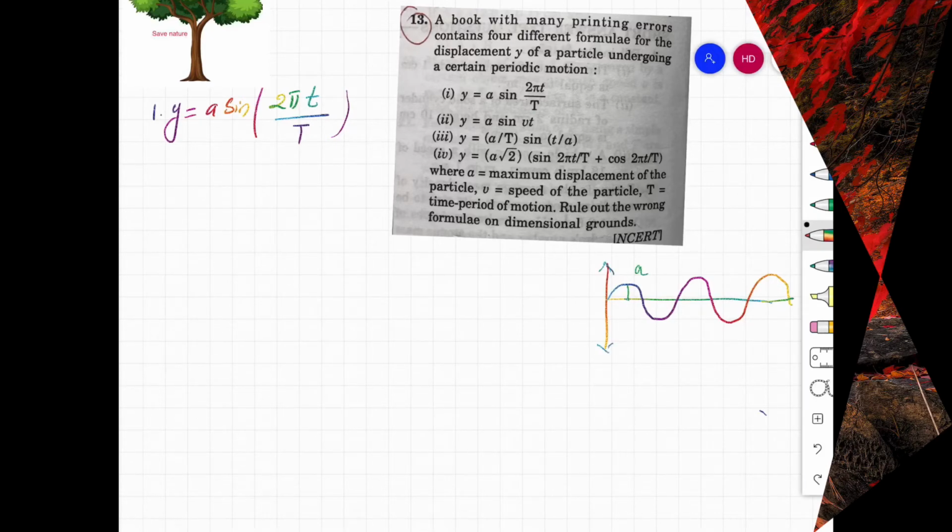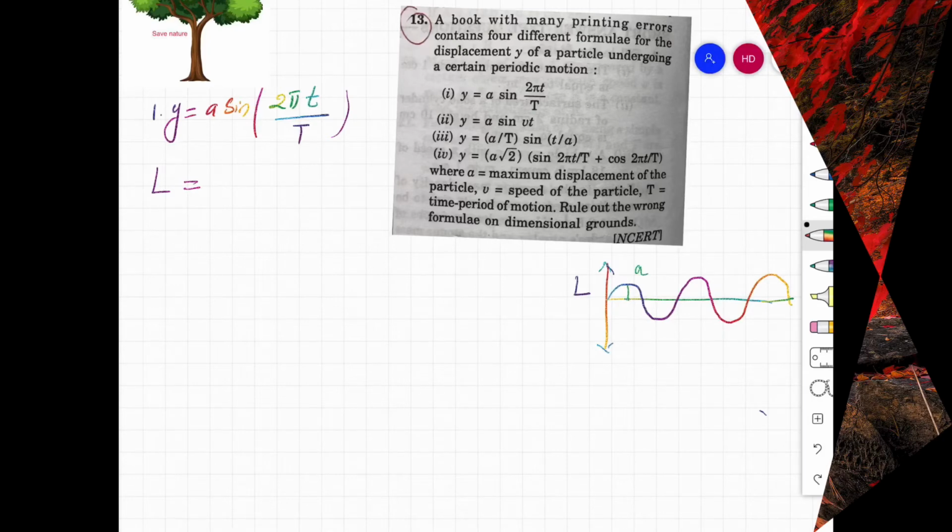So as far as amplitude is concerned, its dimension will also be the dimension of a length. So I can write the equation. The dimension of the LHS will be L only, which must be equal to the dimension of the RHS.